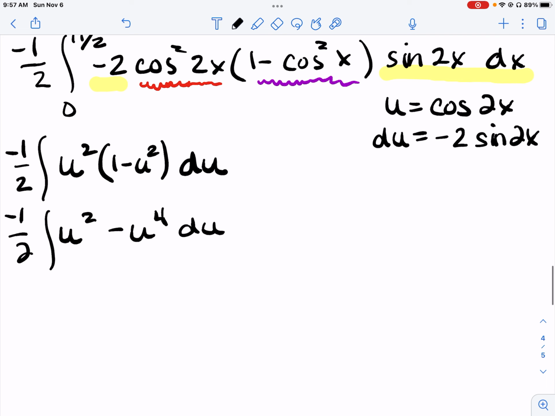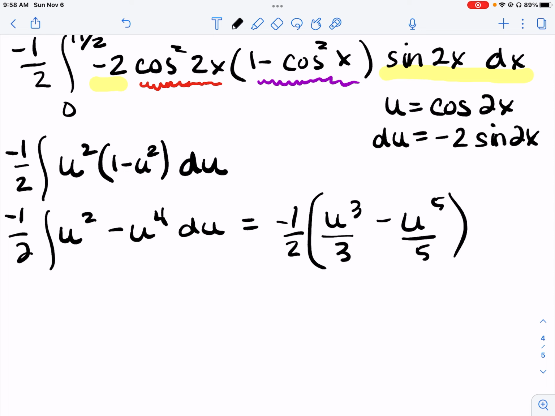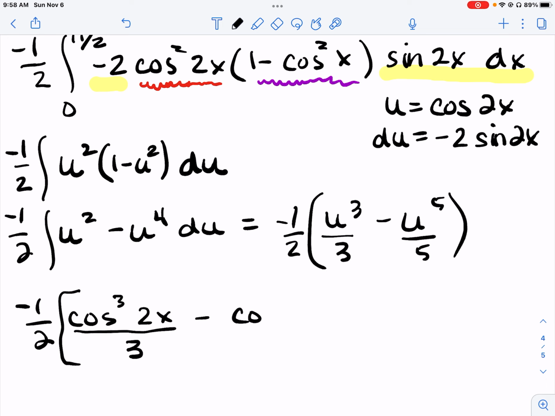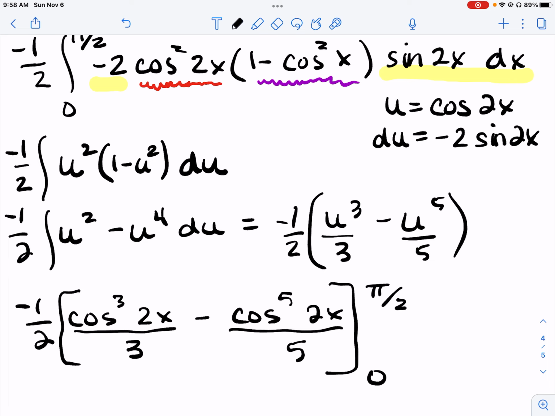Okay, now we can integrate. u to the third over 3, u to the fifth over 5. We need to take it back to cosine. So this is cosine cubed of 2x over 3 minus cosine to the fifth of 2x over 5 from 0 to pi over 2.